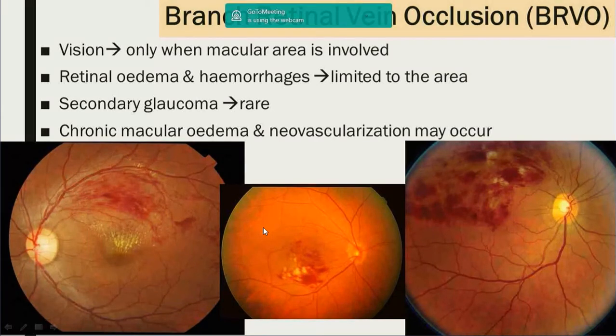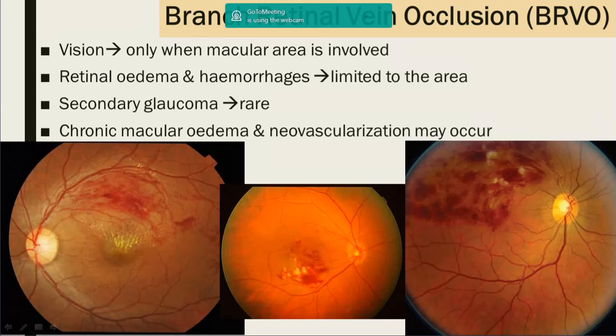So here, even though you see hemorrhages in a very small area, the macular area is affected, so the vision is still bad. Here, the superior temporal branch vein is occluded. The macula is having edema, so here also the vision is bad. Here again, the superior temporal vein is occluded, and again the macula is involved, so here also the vision is bad.